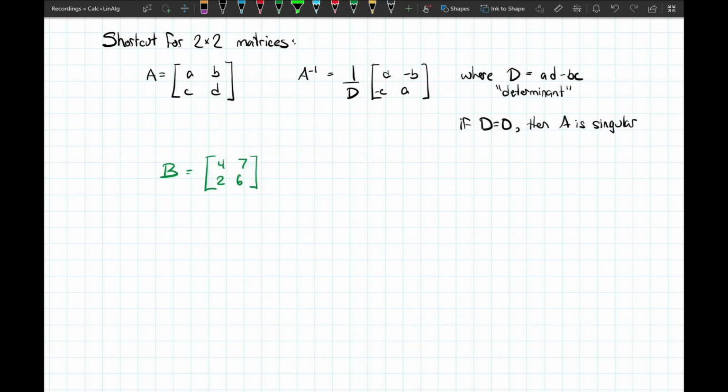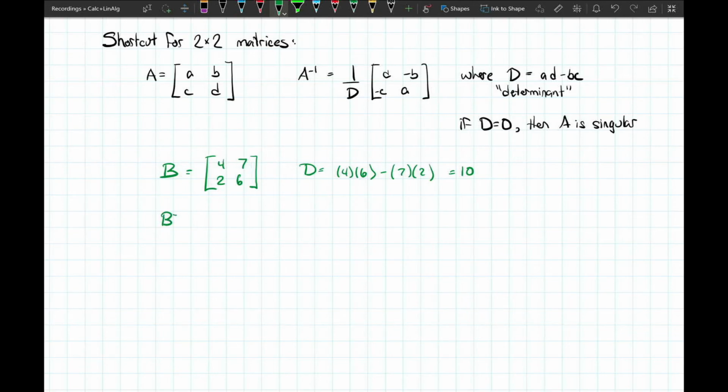Here's a matrix B, which is a 2 by 2 matrix, 4, 7, 2, 6. And we can confirm that it's invertible by looking at the determinant. We take the entries in the main diagonal, 4 times 6, and subtract the multiplication of the entries in the reverse diagonal, 7 times 2. So we'll have 24 minus 14, which is equal to 10. Because it's not equal to 0, then we know that B is invertible.